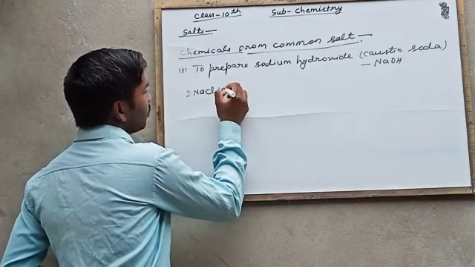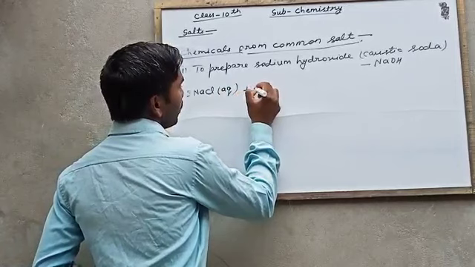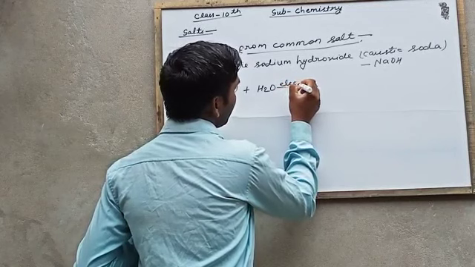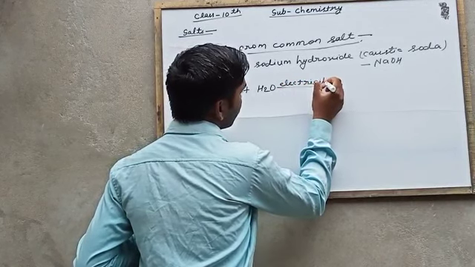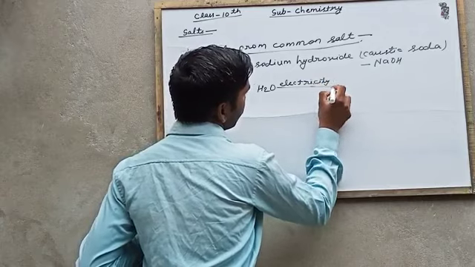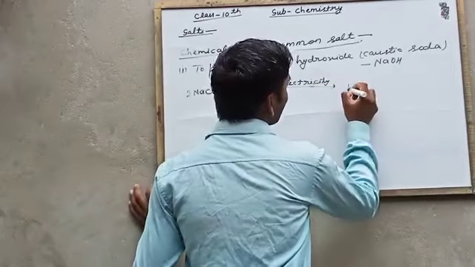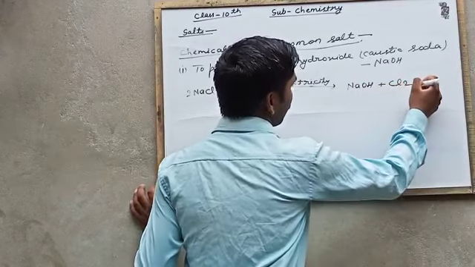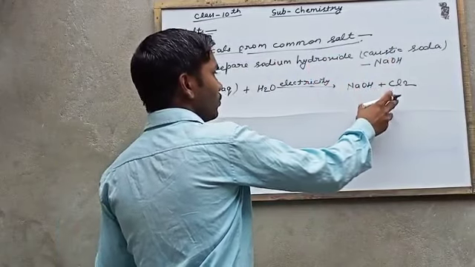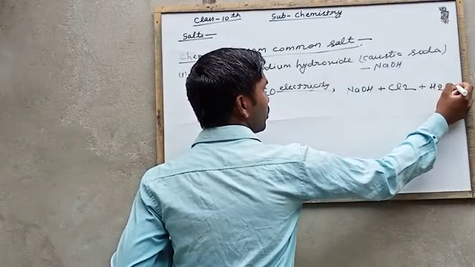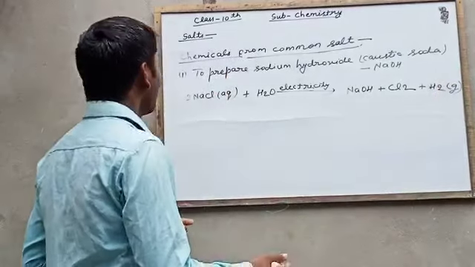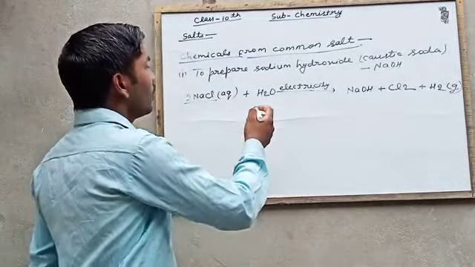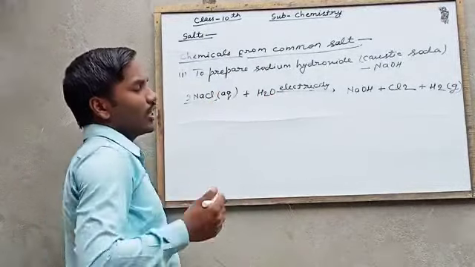2NaCl, this is common salt in aqueous solution, plus H2O, here electricity, it forms sodium hydroxide, NaOH, plus chlorine plus hydrogen gas. See here, common salt, this is sodium chloride dissolved in water, so it is aqueous.